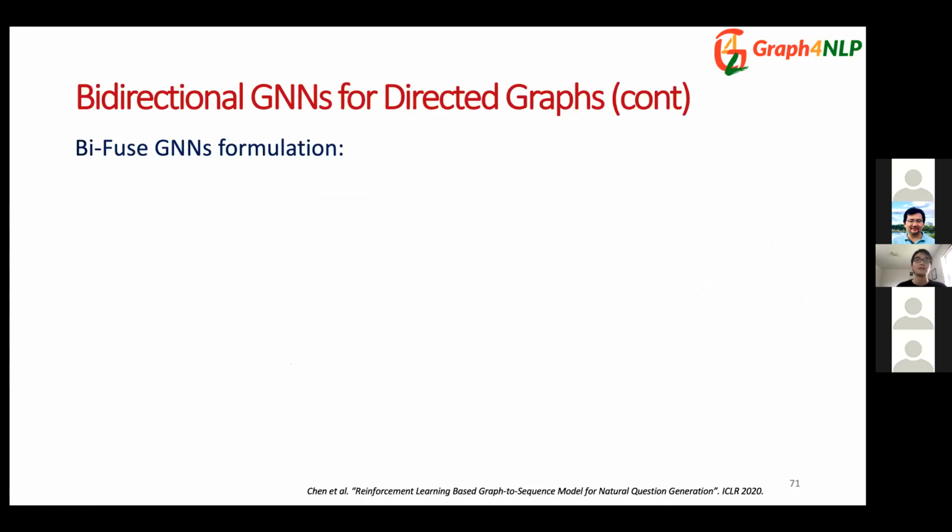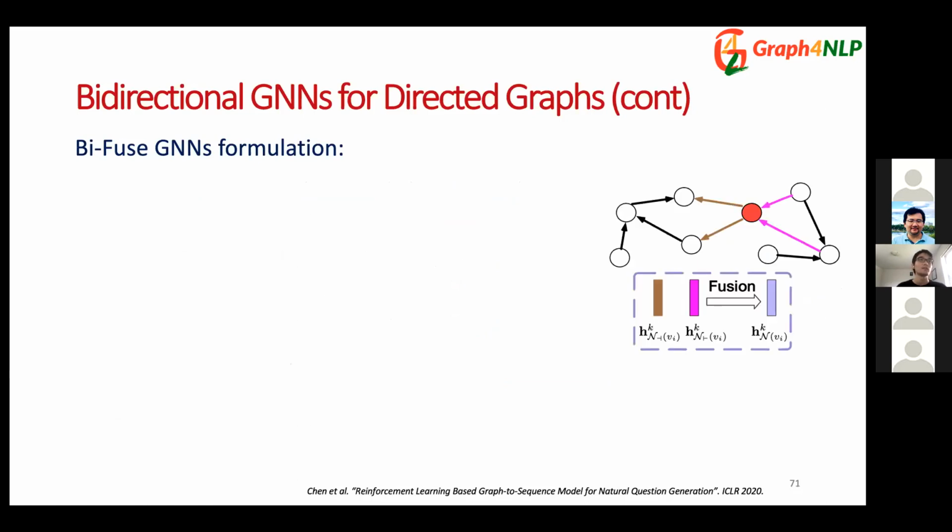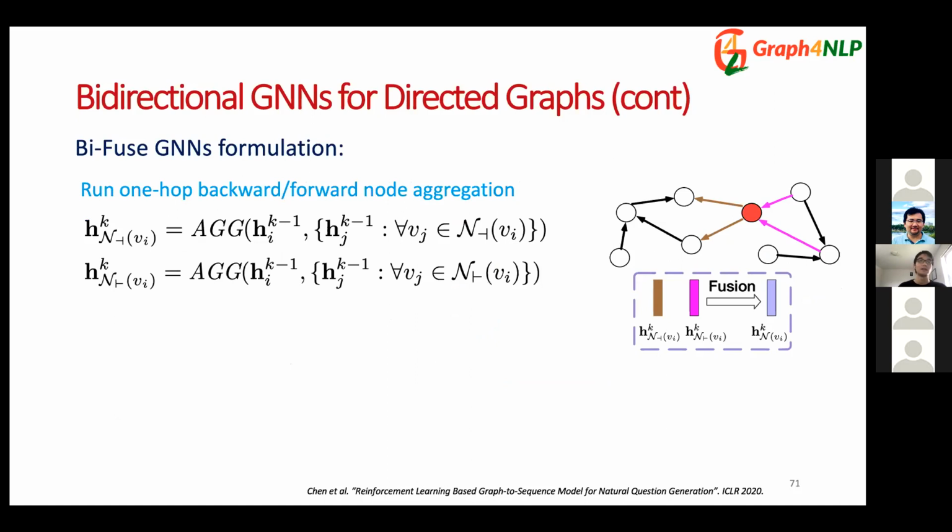The next variant of the bidirectional GNN I will introduce here is called the BiFuse GNN. For BiFuse GNN, we will first run one hop backward and forward node aggregation. As a result, we can get aggregated node embeddings from both incoming edges and outgoing edges.